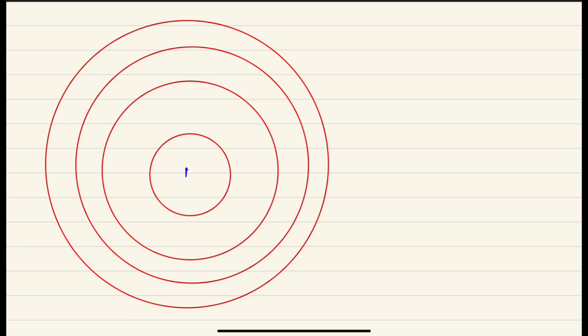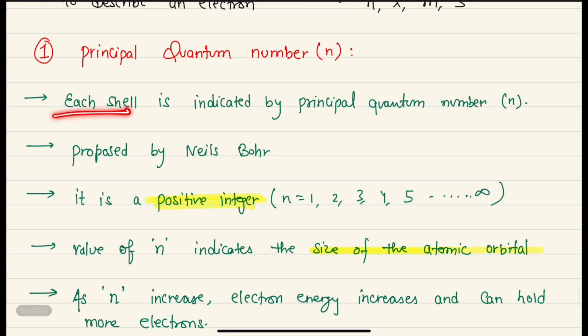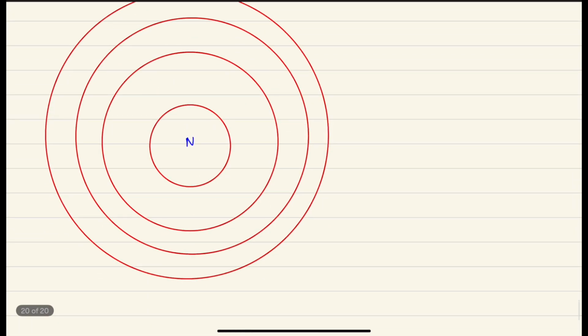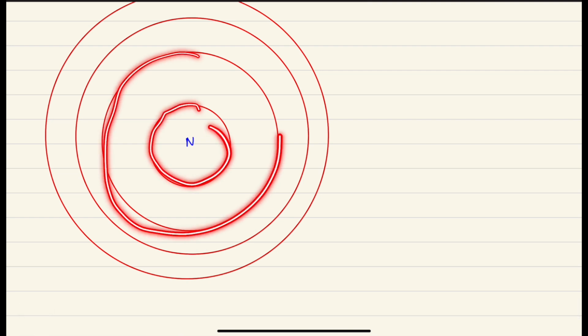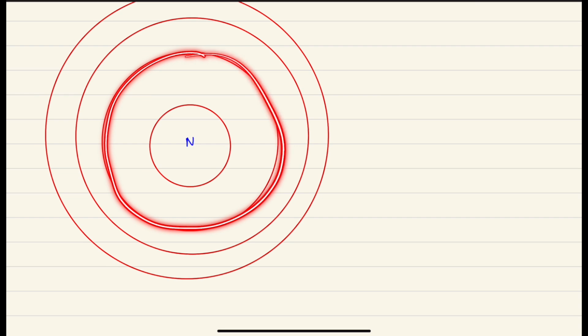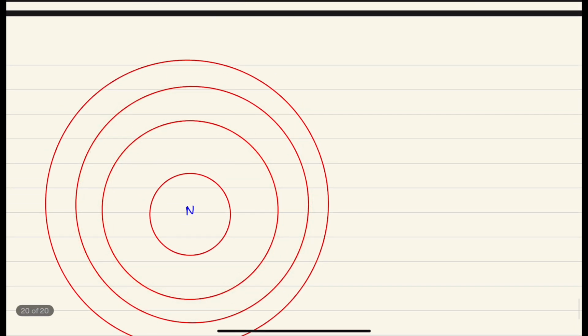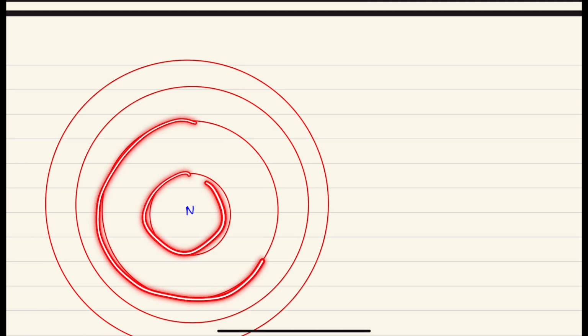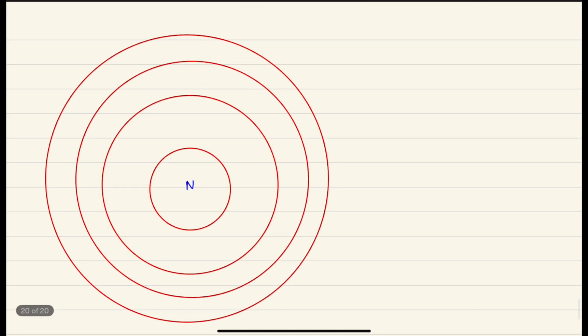So here in the center of the atom, we have the nucleus. And these shells, each shell is indicated by the principal quantum number n. It means around the nucleus you have concentric shells, and each shell is denoted by the principal quantum number n.